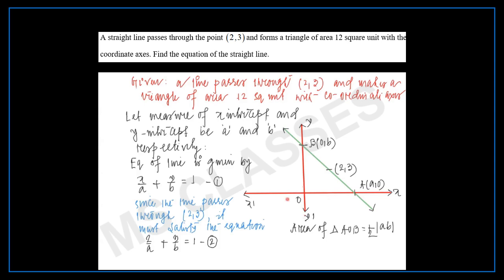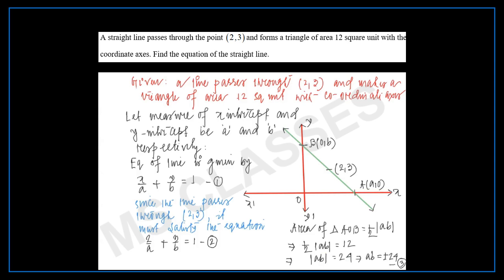It can be second, third also. So that is the reason for mod. So half of mod AB equal to 12, and this gives us mod AB equal to 24. This implies AB can be plus minus 24, and this we mark as equation 3.